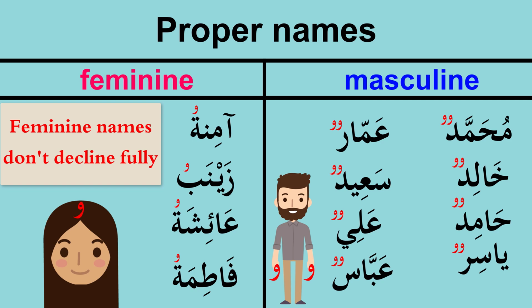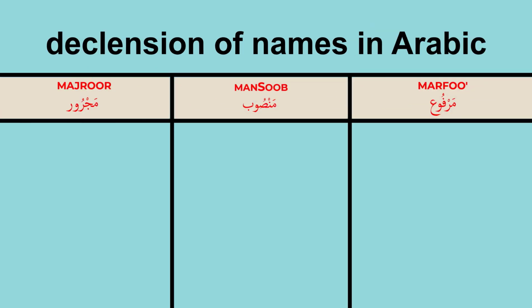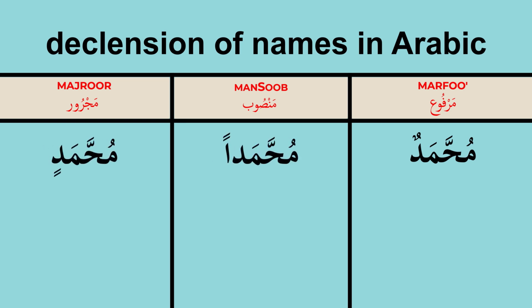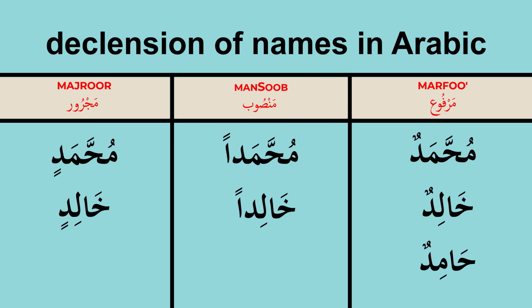Now I'm sure you are strong. You have understood that dun dan din business. So we say Muhammadun, Muhammadan, Muhammadin. Khalidun, Khalidan, Khalidin. Hamidun, Hamidan, Hamidin.